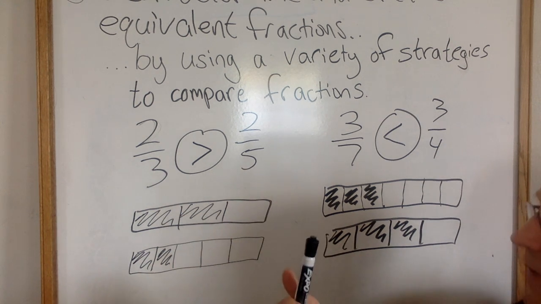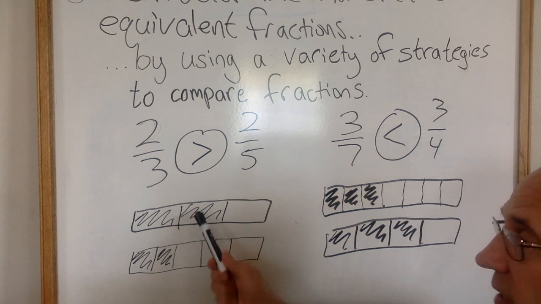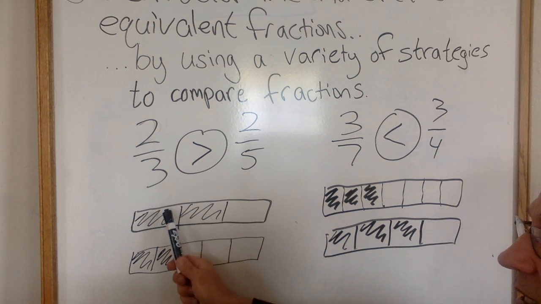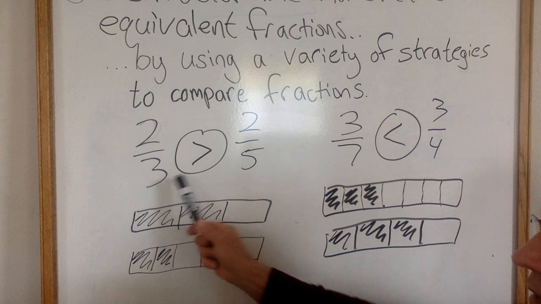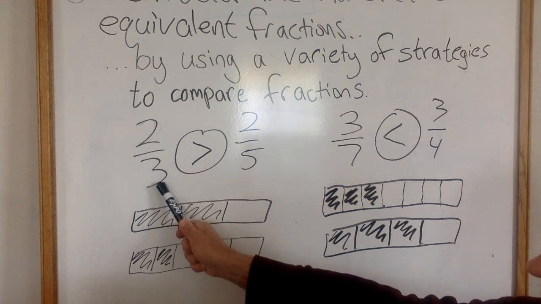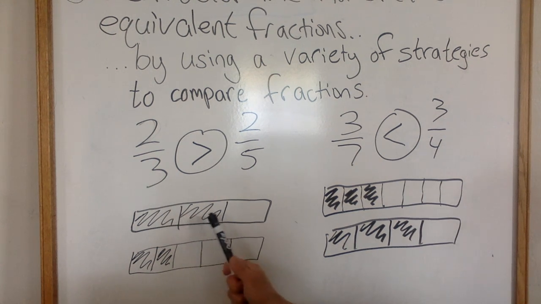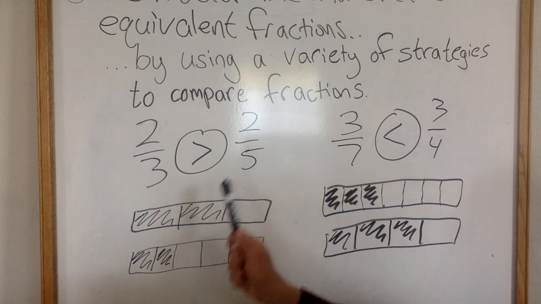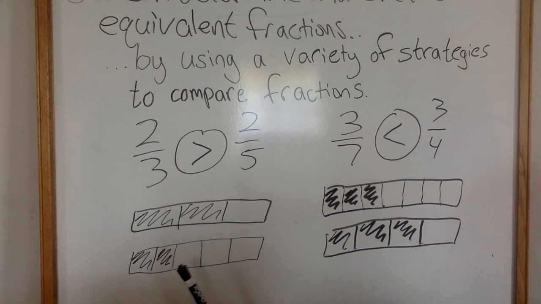Think about it as something you really enjoy. If these were candy bars, if I cut it into 3 equal pieces, they're larger than cutting it into 5 equal pieces. The smaller the denominator, the larger the pieces. The larger the denominator, the smaller the pieces.